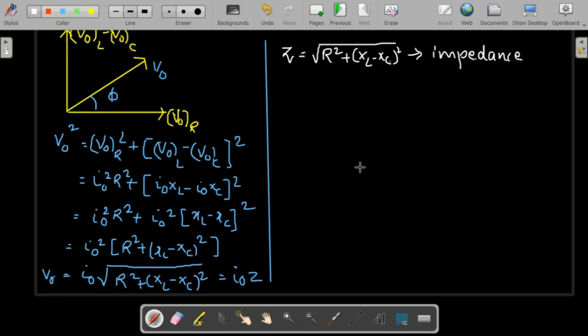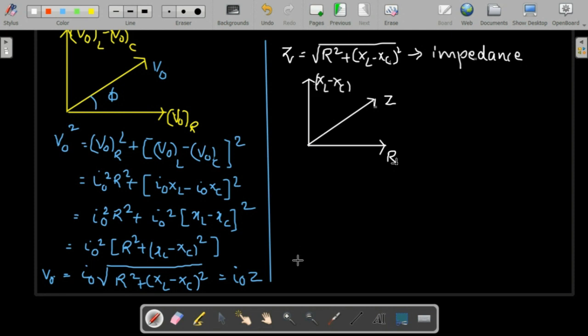Okay, so if we actually want to find out what is the phase angle, that also can be done, because I think we have already done these kind of problems before. If you know the impedance, we can actually take the ratio. This is my impedance diagram. Here also the same thing. In place of V naught, I can write down I naught Z. In place of V naught R, I can simply write it down as I naught R. Okay, so that means this is my R, this is my Z, and this would be nothing but my XL minus XC.